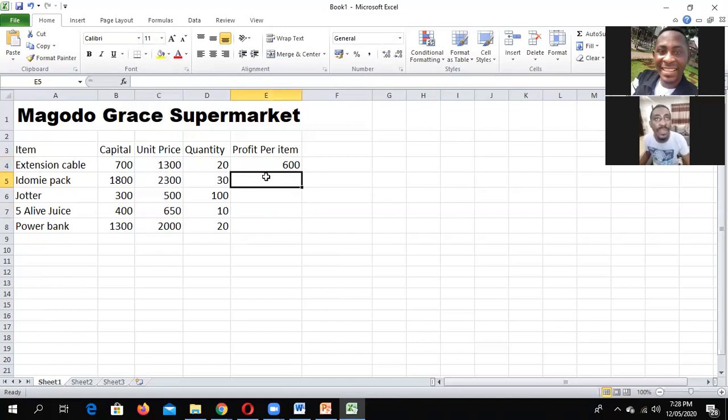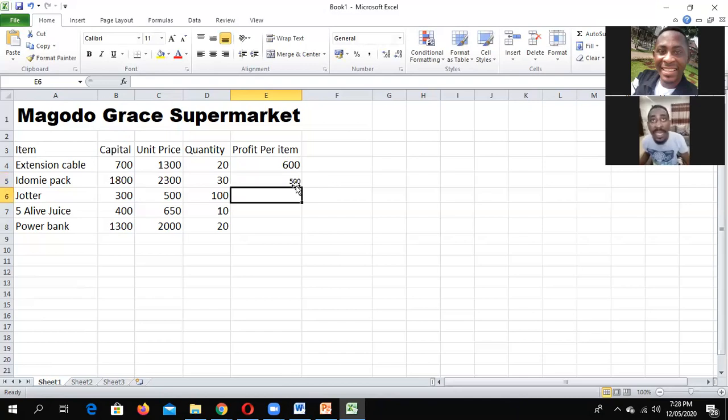So let's do the same thing for Indomie pack. Don't forget, we'll still go with the same way. We would say C5 minus B5. So we'll just come here and type equals to C5 minus B5.